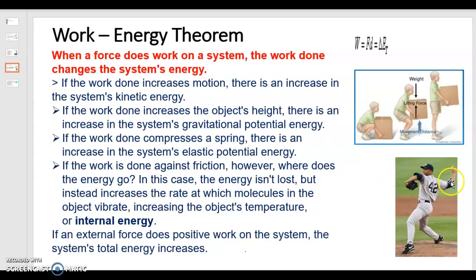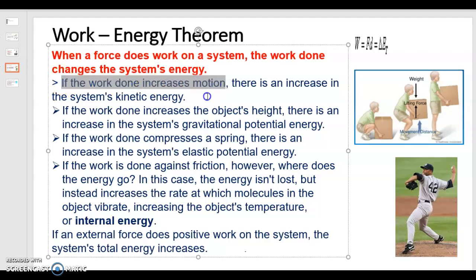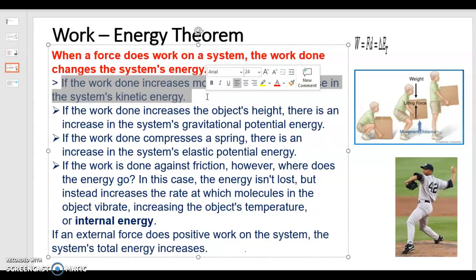So by doing work to the baseball, applying a force on it through a distance, he is changing the energy of the baseball. Right now, that baseball has zero kinetic energy. It's standing still. But in a moment, that baseball will have lots of kinetic energy, and it will have that kinetic energy because he did work to it. So if the work increases the motion, there's an increase in kinetic energy.